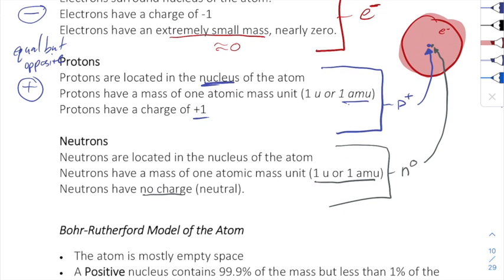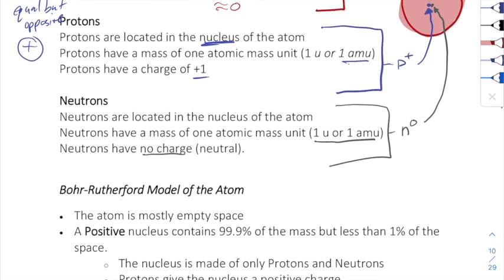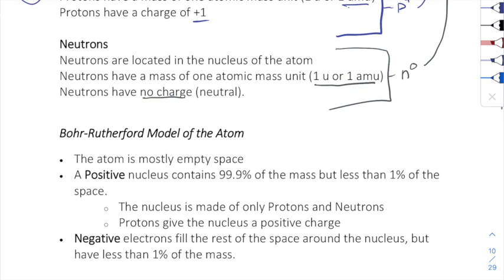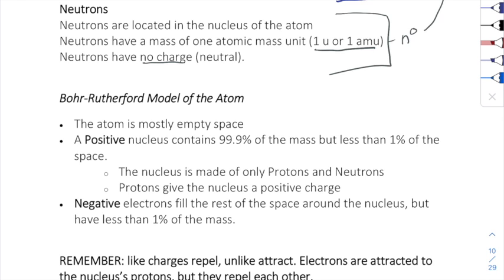This is the perspective we take on the atom, and one that will hold all the way through university chemistry, essentially based on this Bohr-Rutherford model of the atom. In the Bohr-Rutherford model, the atom is mostly empty space. A positive nucleus contains 99.9% of the mass, but less than 1% of the space.